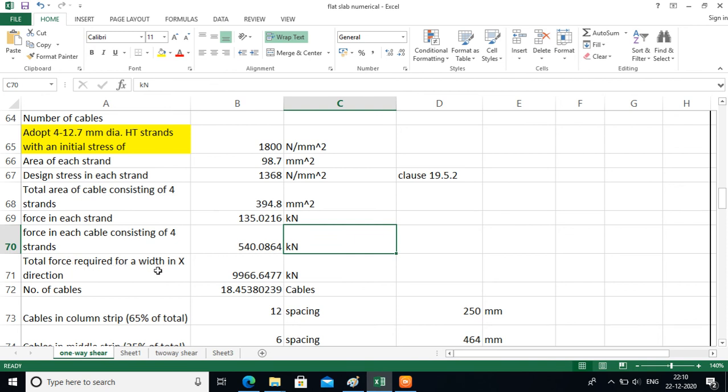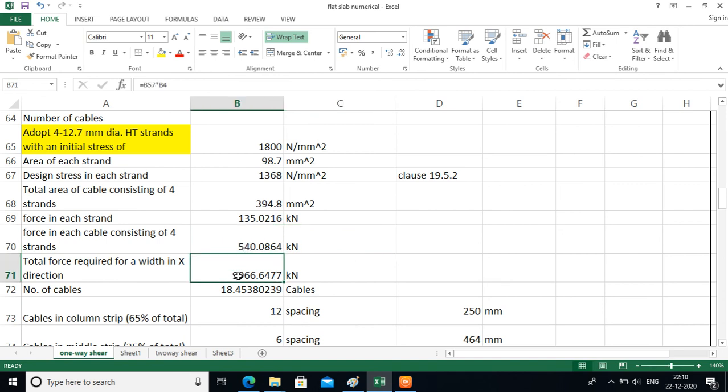For a width in x direction. Now see here, we are going to provide these cables in the x direction, because whatever moment is there in the x direction, to resist that moment we need to provide the cables in the x direction. So this is the force in a single cable, but we want the force in the entire direction.